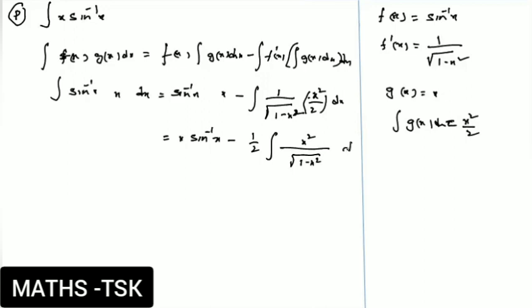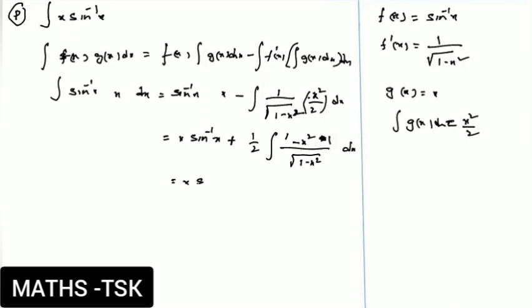The method to solve this integration: see that the x square coefficient is negative. So I write plus here and take minus here. Add and subtract 1. There is minus 1.